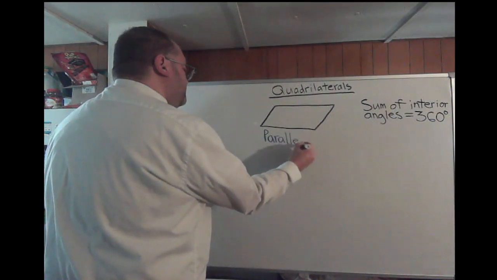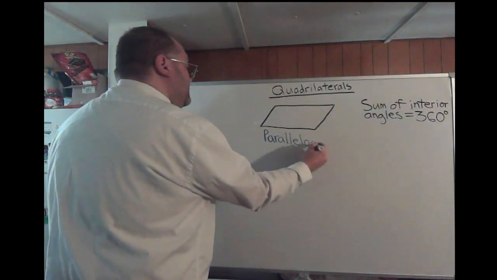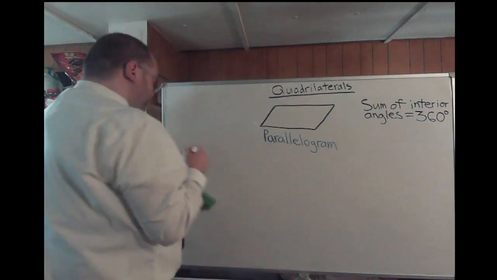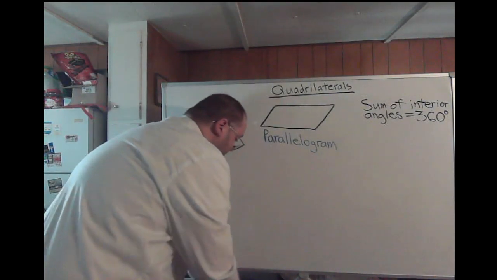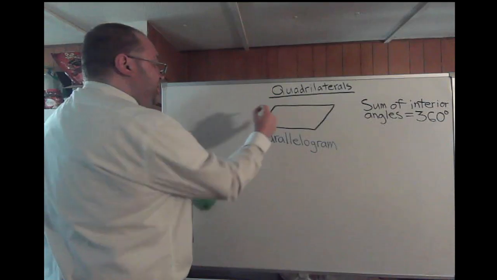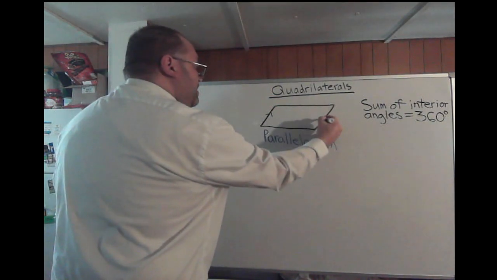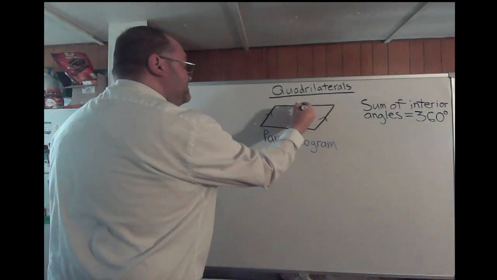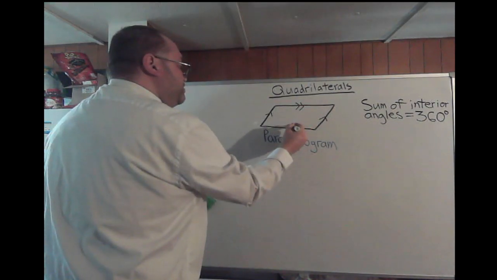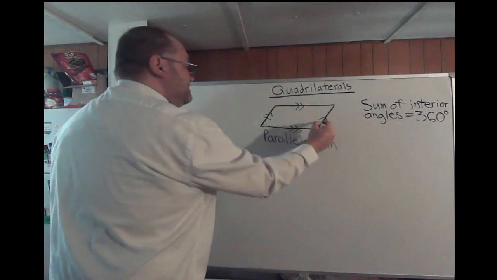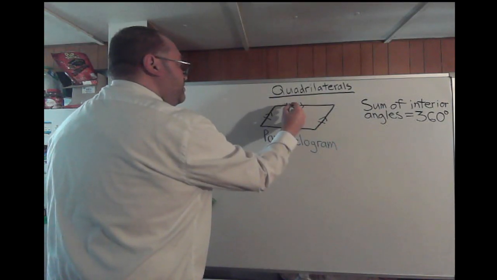A parallelogram is when not only are both pairs of opposite sides parallel to each other, both pairs of opposite sides are also congruent to each other.